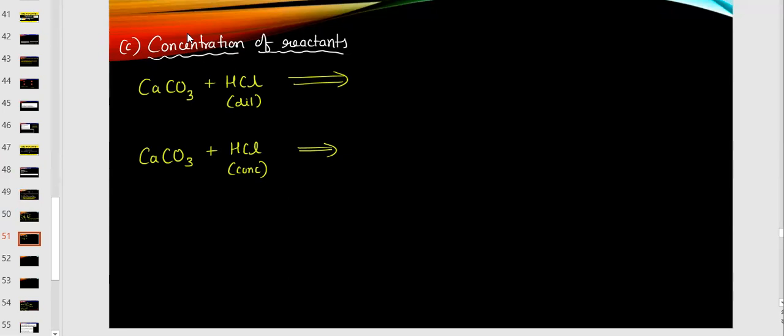Okay. Here, whenever calcium carbonate or any other compound reacts with dilute HCl, here we have taken an example. This is just an example. When calcium carbonate is reacted with dilute HCl, it reacts slowly, disappears slowly, and also liberates carbon dioxide slowly.